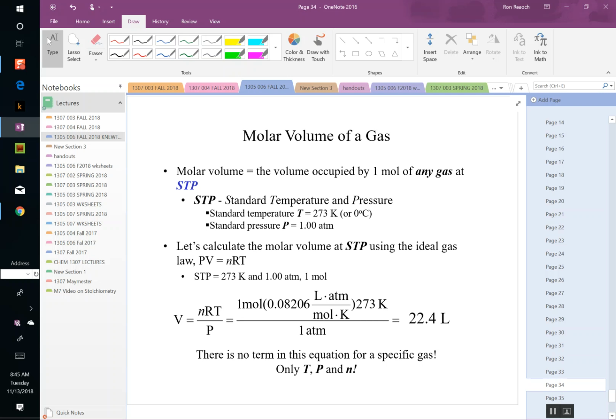But we did that calculation and got that molar volume. Who had their periodic table out here? Do I have the molar volume on there? Yeah, it even has the molar volume: the volume of 1 mole of an ideal gas at STP is 22.4 liters.